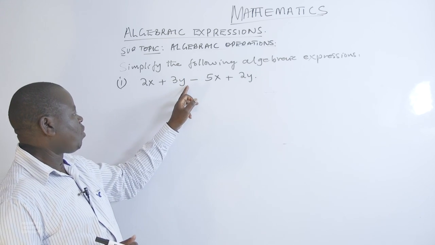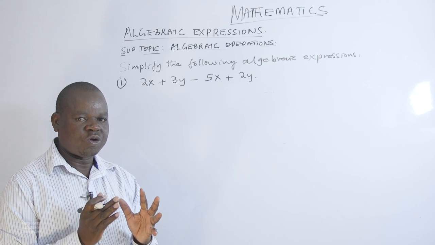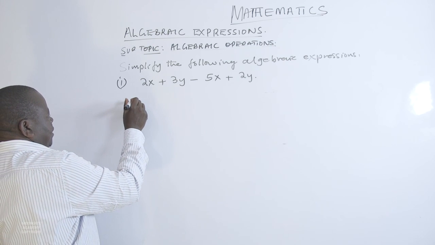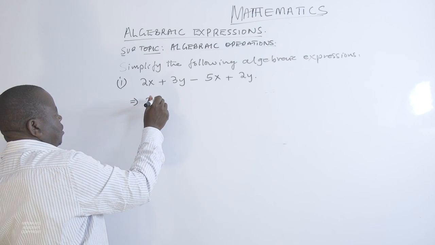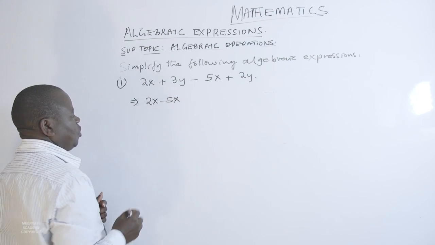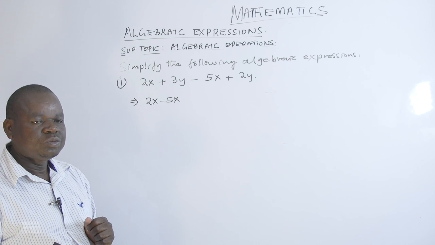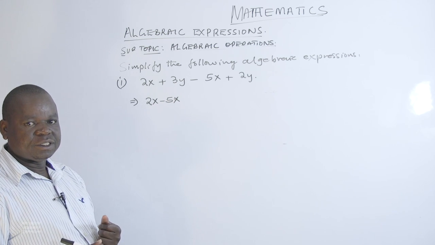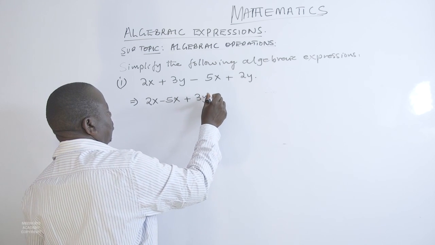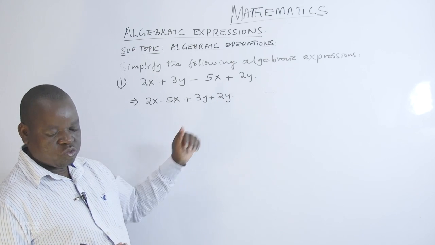And then we have the pronumeral y and the pronumeral y, so terms containing y will also be grouped together. So we can write this one as 2x minus 5y, because we have x and x, plus 3y plus 2y.